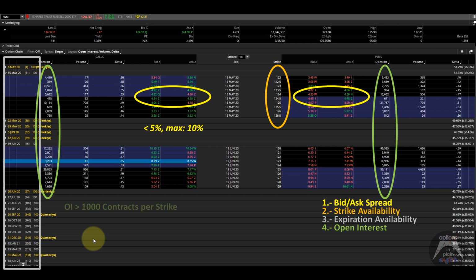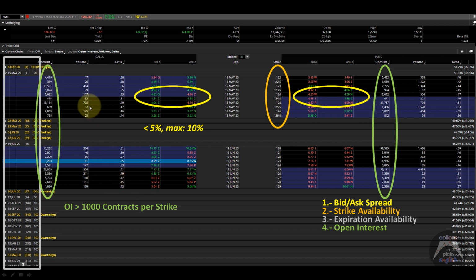So what you want to see is an open interest greater than 1,000 contracts per strike. Now, you have to be flexible here, and remember, these are not critical. The only one that's critical is bid-ask. These are numbers you'd like to see. For example, here, if you take a look at the open interest, you would see a healthy number of contracts being traded.